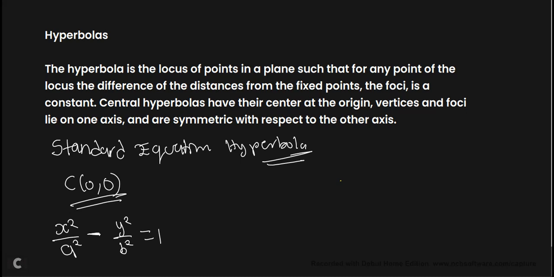Or sometimes it can be the y-axis, so it would be y squared over a squared minus x squared over b squared equal to 1.